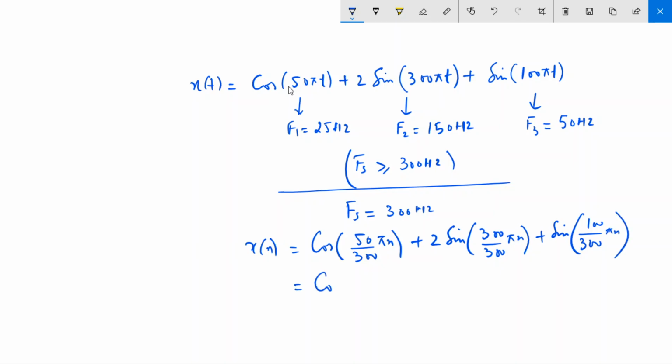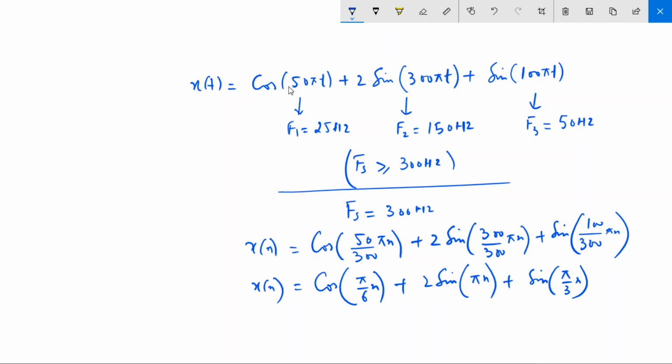You can write it as cos of pi by 6 n plus 2 sine of pi n plus sine of pi by 3 n. This is your sampled signal.